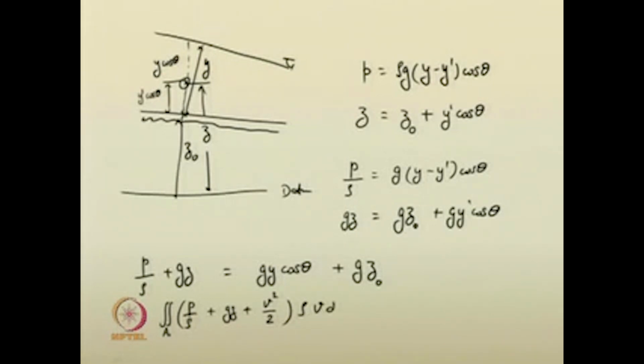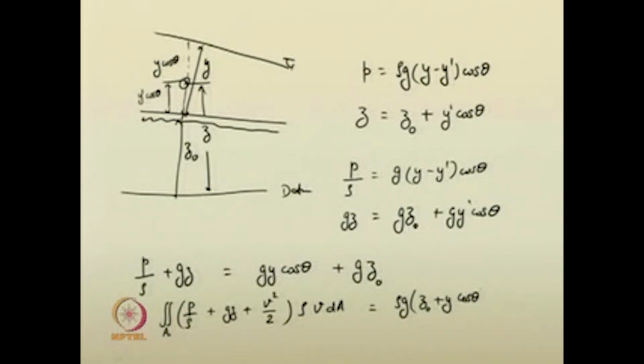So, rho V dA, this can be easily written as this entire quantity for the section, it is matched now. So, rho G, rho is taken out of the integral, rho G z0 plus y cos theta.